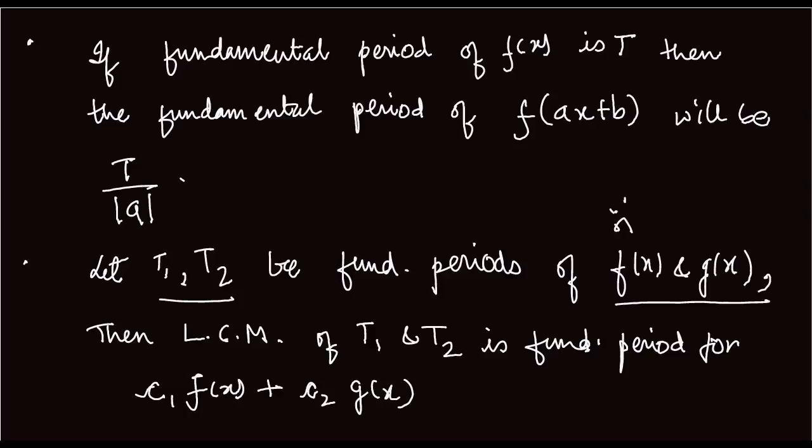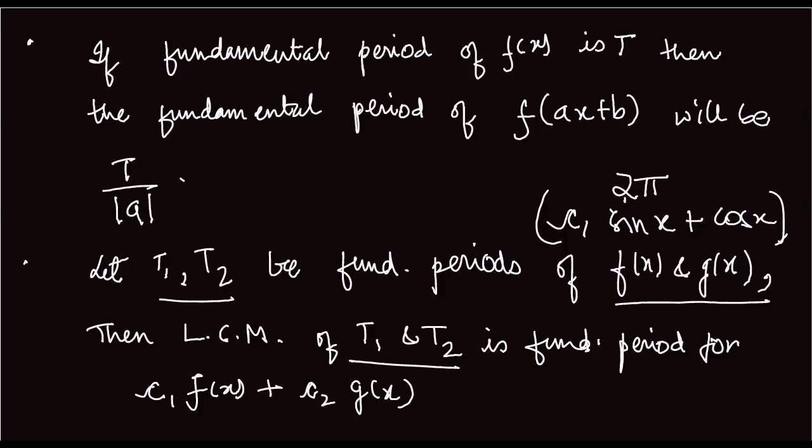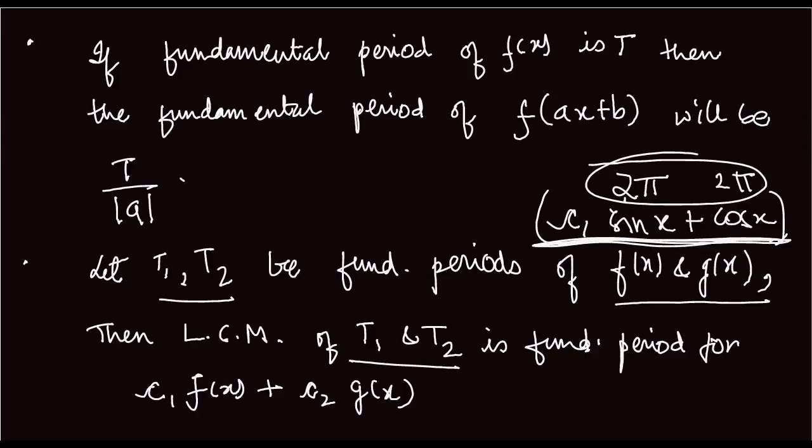Like if f of x is sin x, and g of x is cos x, so C1 sin x plus C2 cos x, let's say C2 is 1. So the period of this function will be the LCM of T1 and T2. T1 is what? 2 pi. We just saw that. Cos x, again 2 pi will be the time period. So the least common multiple of 2 pi and 2 pi will be the fundamental period of C1 sin x plus C2 cos x, anything.